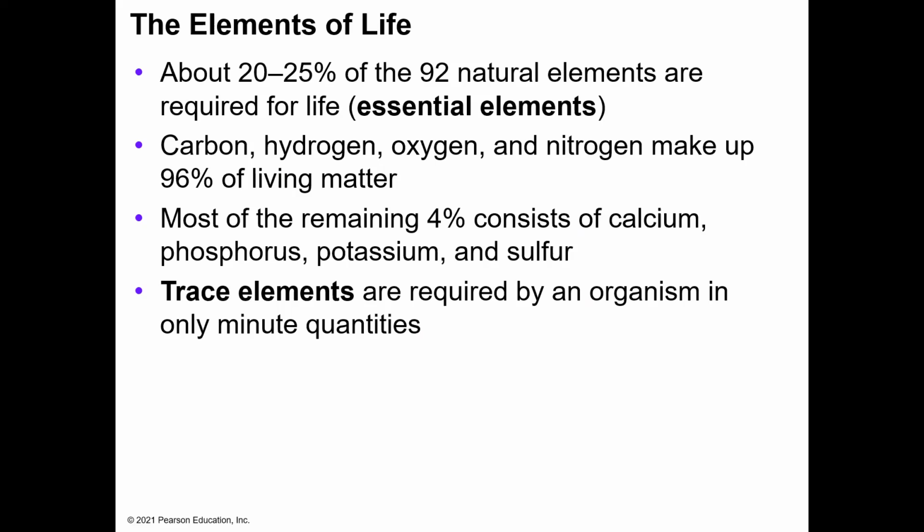The remaining 4% is usually calcium, phosphorus, potassium, and sulfur. And then there's another list of elements that are needed, but in very, very small amounts. And so we call these trace elements. They're required by an organism, but only in minute quantities.